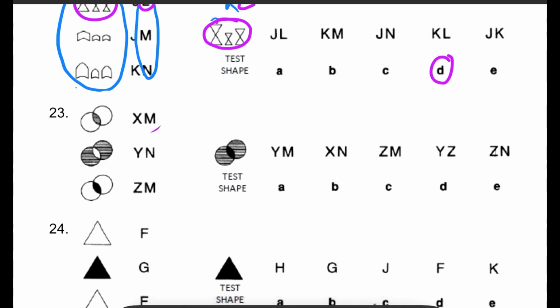But the other two circles are also shaded in here. So let's look at the first letters now instead, because the first letters are all different here.